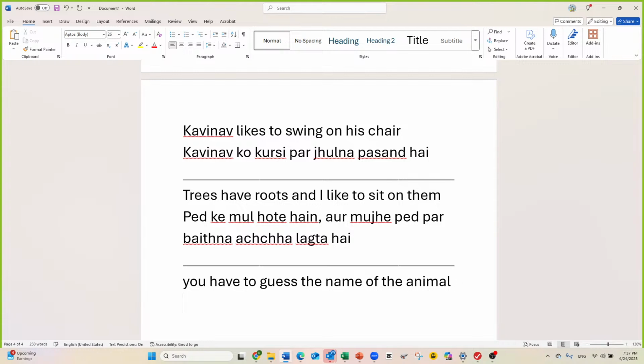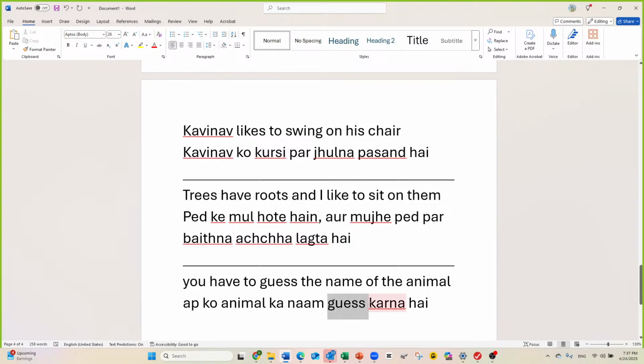So what is the Hindi word for you? No, तुम. Oh, you can use aap also. So aap, and it becomes oblique. Aapko, say आपको एनिमल का नाम गेस करना है. बूझ करना है. So now, what do we do?